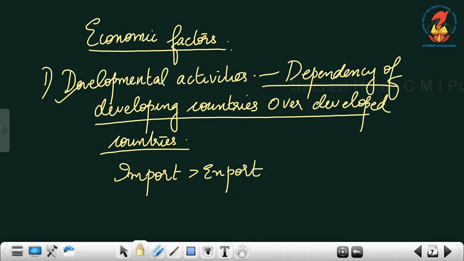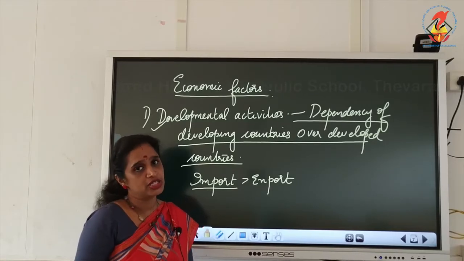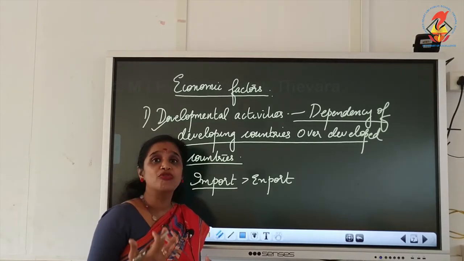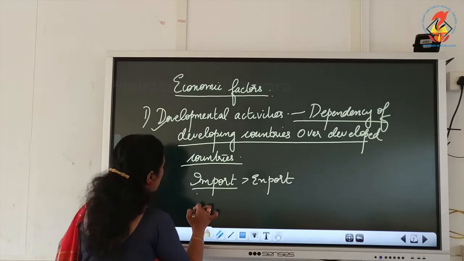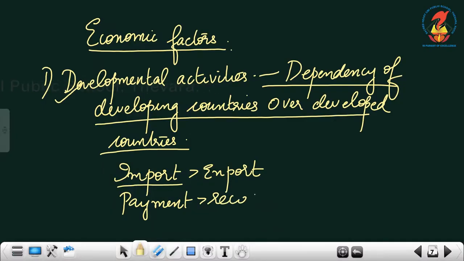Import means we are getting things from other countries, therefore we have to pay for it. Pay for it means payments are more. Inflow is less, outflow is more. That means payment is more than receipt, or we can say receipt is less than payment. If receipt is less than payment, what happens?